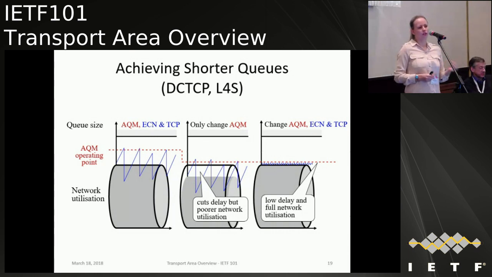If you would now just change your AQM mechanism and give very early feedback at a low buffer level, then that means you still halve your sending rate, and at a certain point you don't have enough packets to send anymore. So your utilization would suffer as well. What we really want is to give you a very early signal, you only reduce your sending rate a little bit, and the link is still fully utilized, which is the third picture.